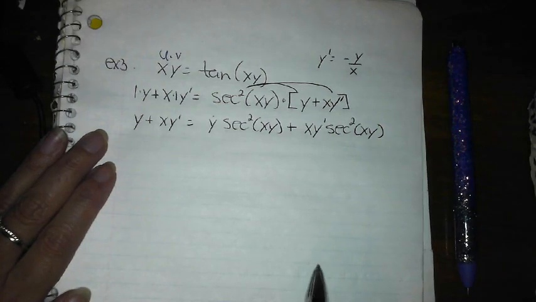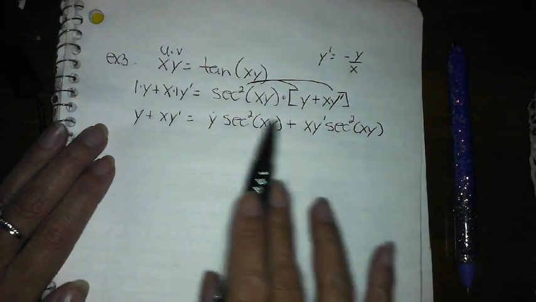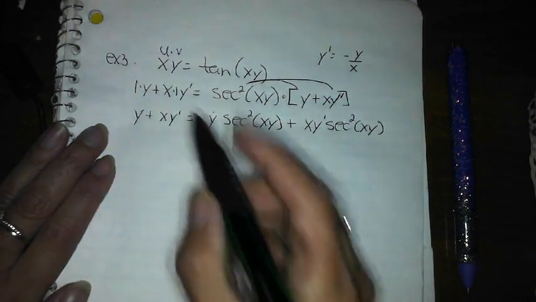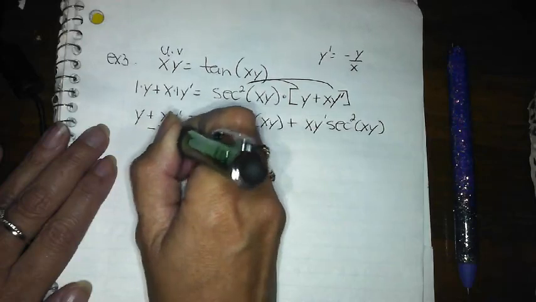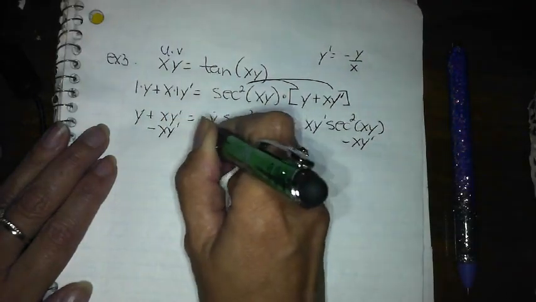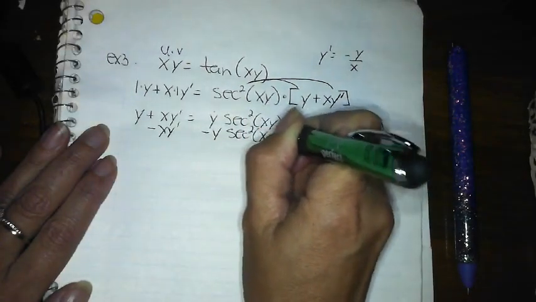All right, so I'll bring this y prime over with this one. Take this non-y prime term over here. So let's subtract the xy prime. And then we'll subtract this y secant squared xy.